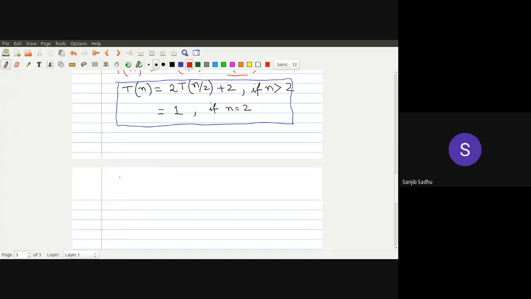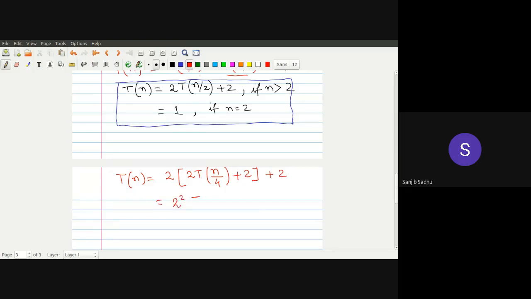So I can write T(n) equal to twice of, you expand it. T(n) is 2T(n/2) plus 2. So this T(n/2) can be written as, you tell me. Can I write this? Yes, sir.